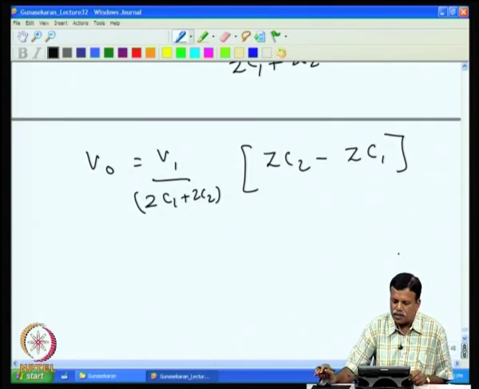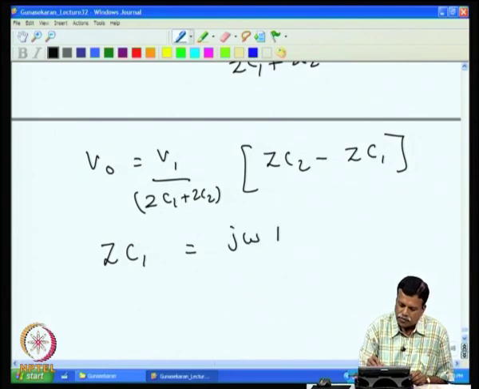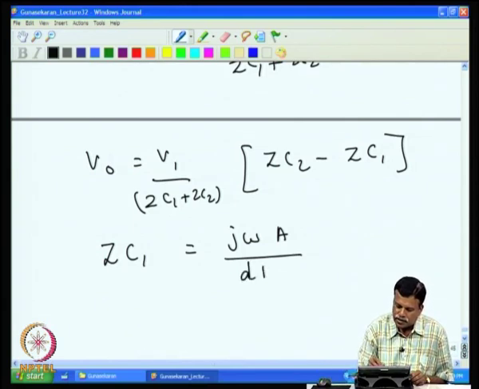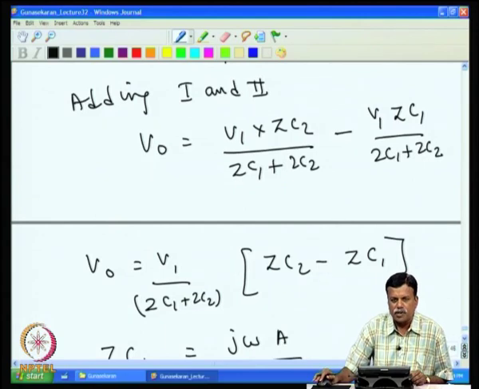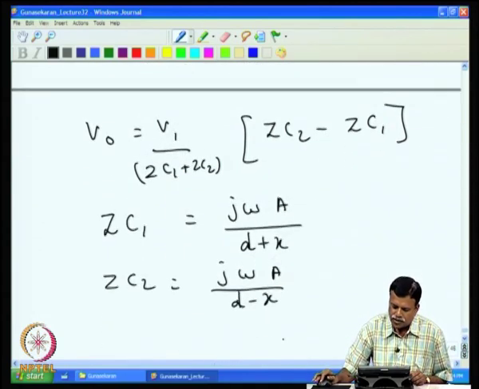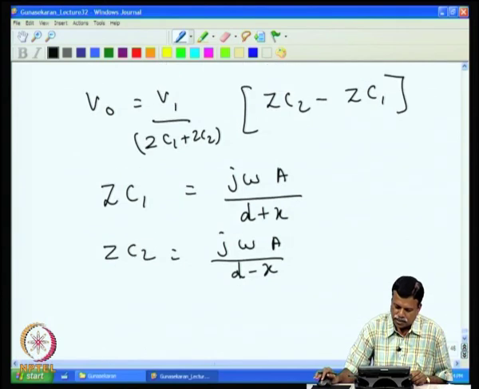Now, if we write ZC1 as j omega A by d plus x, and ZC2 can be written as j omega A by d minus x. And of course, mu naught epsilon naught epsilon r is also there, but one need not worry about that, because we will show that it is getting cancelled.